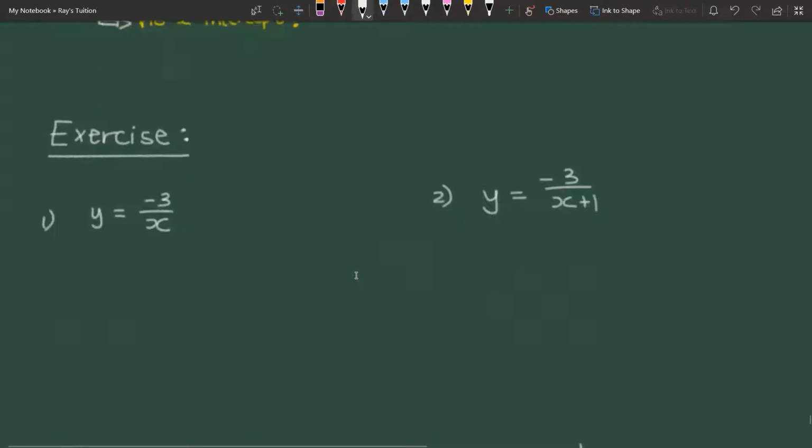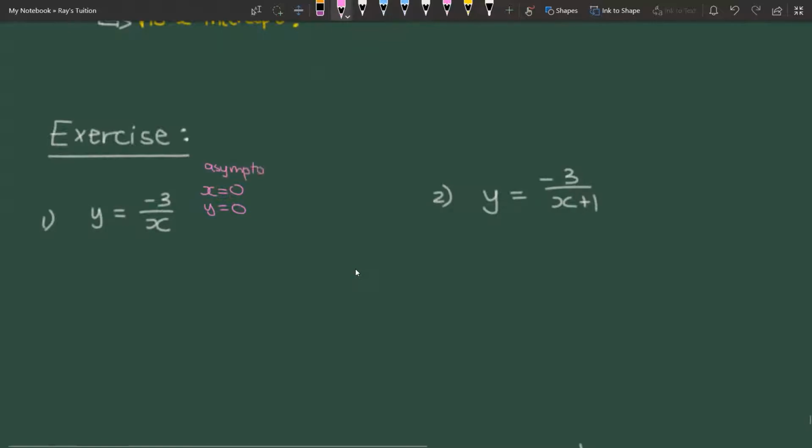So let's do a little exercise. The first one we have is Y is equal to minus 3 over X. What I'm going to do first is just write out the asymptotes. The asymptotes for this graph are X is equal to P star, which is 0 in this case, and Y is equal to Q, which is again 0. If you're unsure how we got this, please watch our previous video on the asymptotes.